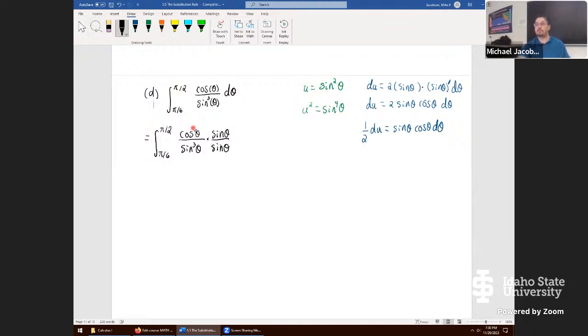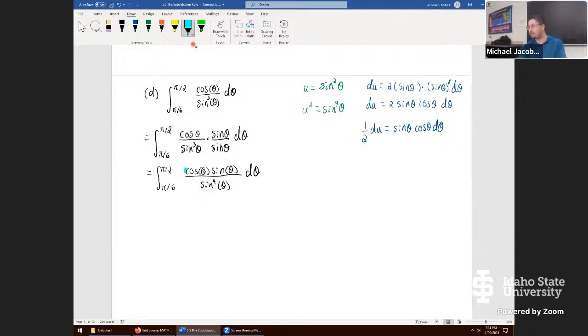We have to divide by sine theta, so now we're just multiplying by a 1, d theta, and it turns into the integral from pi over 6 up to pi over 2 of cosine theta sine theta over sine power 4 theta, d theta. So that's what got us to that step there. Does that make sense so far? Awesome. Other questions or comments at the moment?